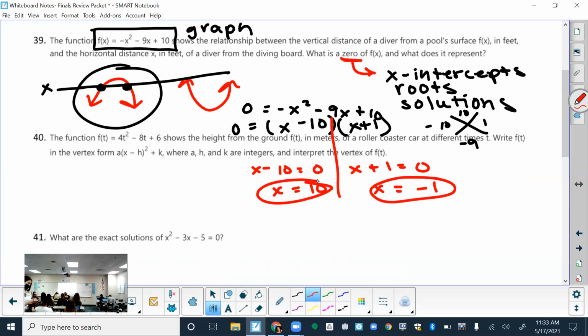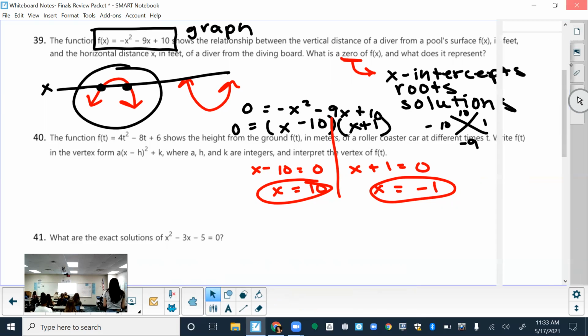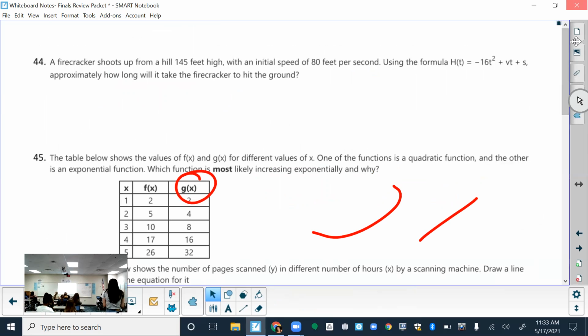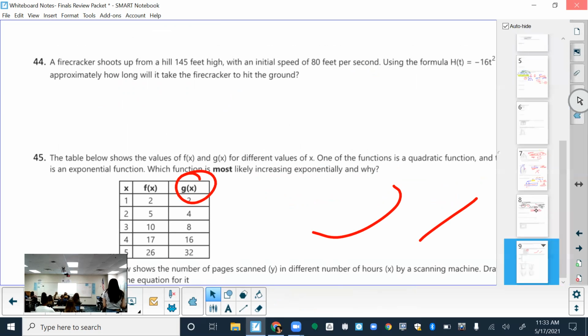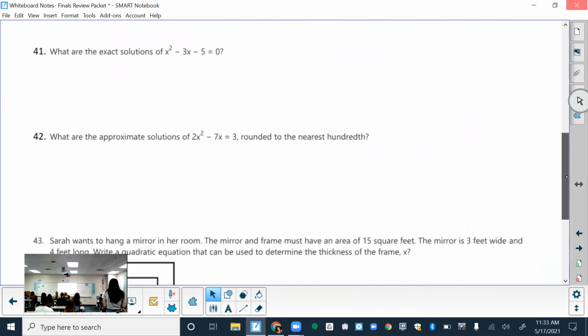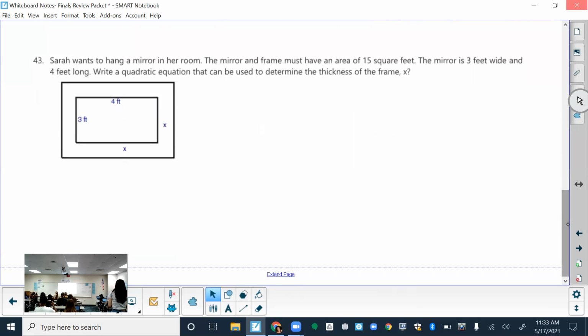43? Oh, yeah. Yes, please. Okay, let's see. So 43, we have a mirror and frame that have an area of 15 square feet. The mirror is 3 feet wide and 4 feet long.